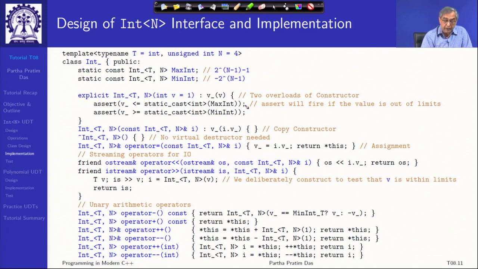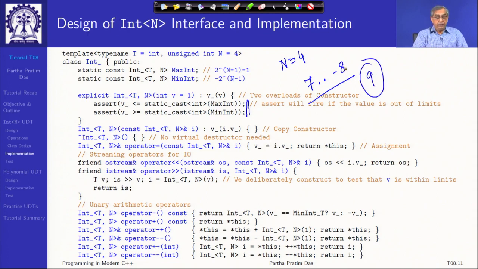There are 2 points to note here. In the constructor, I have put 2 assert statements. Asserts are runtime statements, so that if I give a Boolean clause within the assert, then if the clause fails, the program immediately gives a message and terminates. Since I have to be within this limit, if n is 4, then my range is from 7 to -8, right. So, if somebody wants to build an integer with the default int value 9, then certainly this will not satisfy my system.